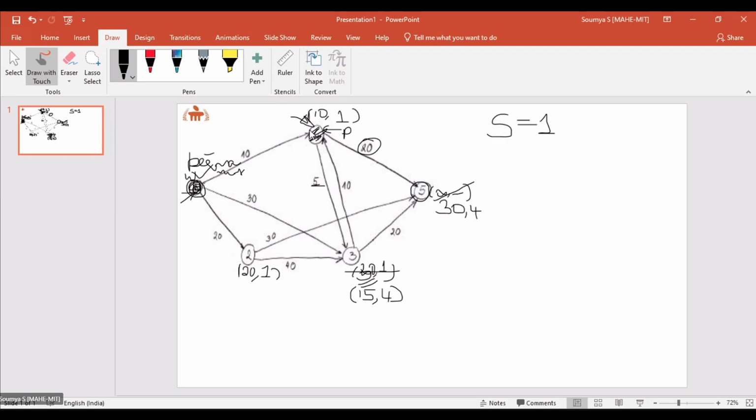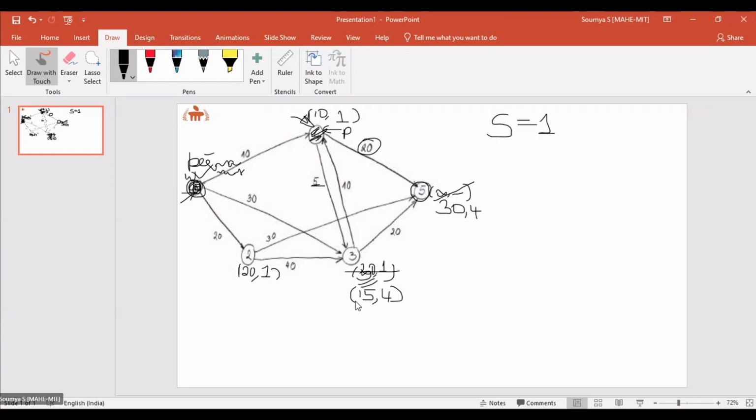Now which will be my next working node? Which one should be my next working node? 4 is a permanent node, 1 is a permanent node. I've got only 3 more nodes left, that is 2, 3 and 5.